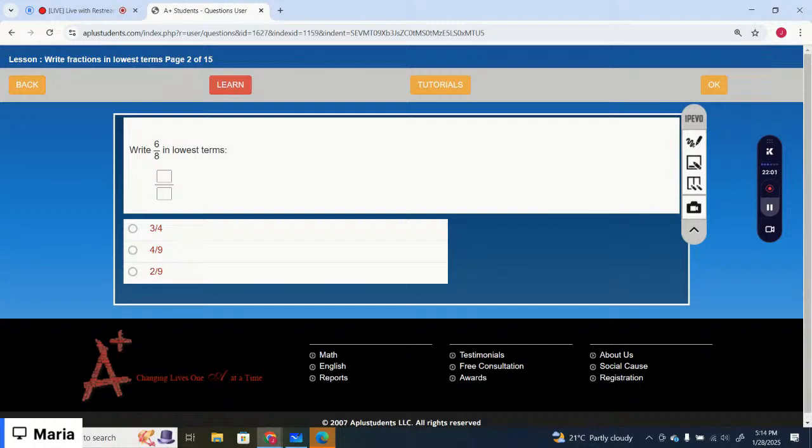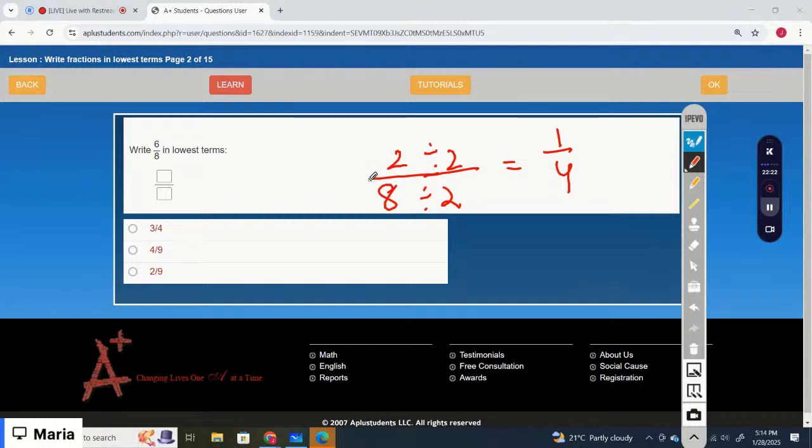Write 6 by 8 in lowest term. The greatest common number that can divide both numerator and denominator is 2.